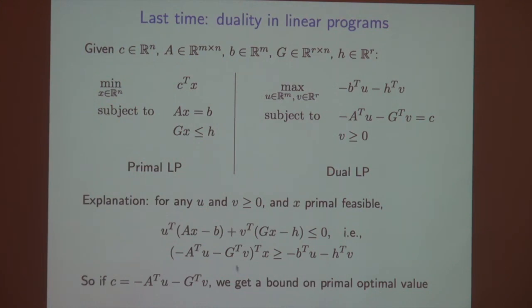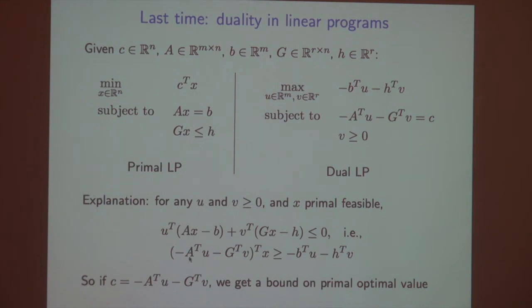And what we did is we tried to rearrange this quantity so that we had something that looked like c transpose x is bigger than or equal to something else. We said that if we could make the leading term multiplying x equal to c, then that would serve as a lower bound on the optimal value of this criterion. Because if this is true for any feasible x, then at the solution it certainly has to be true as well.